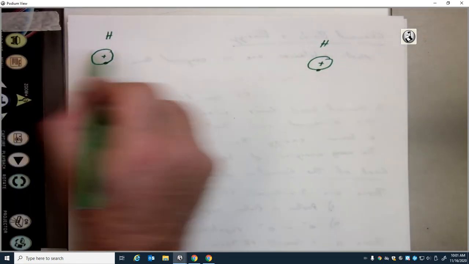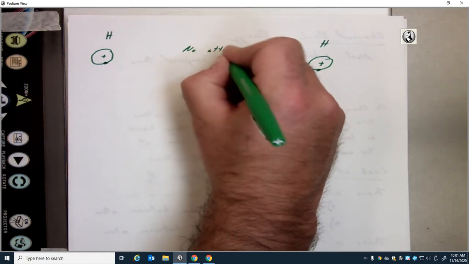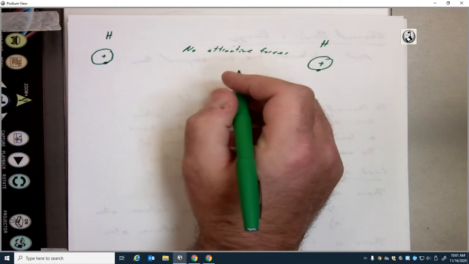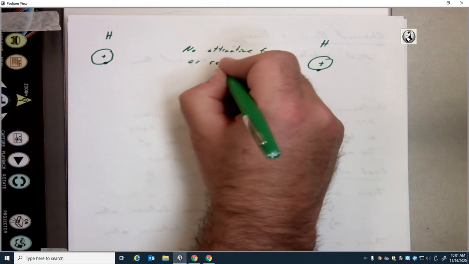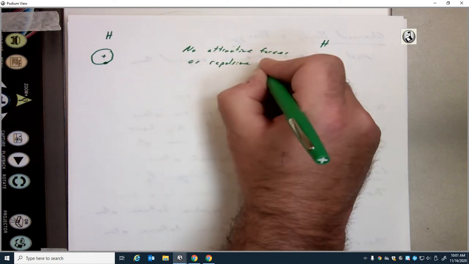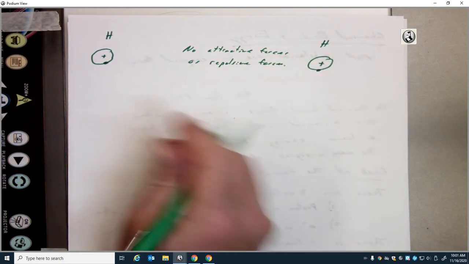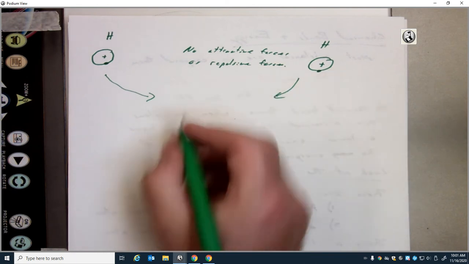When they're far apart, there are no attractive or repulsive forces. Now we're going to bring these atoms closer together.